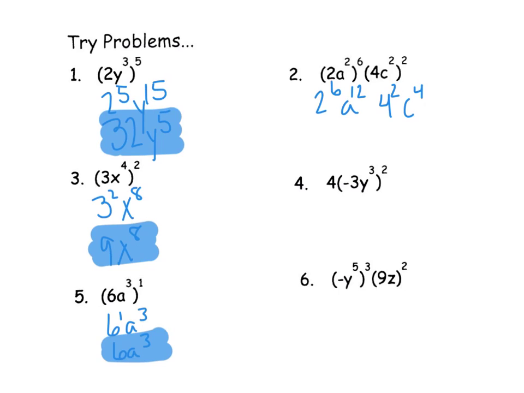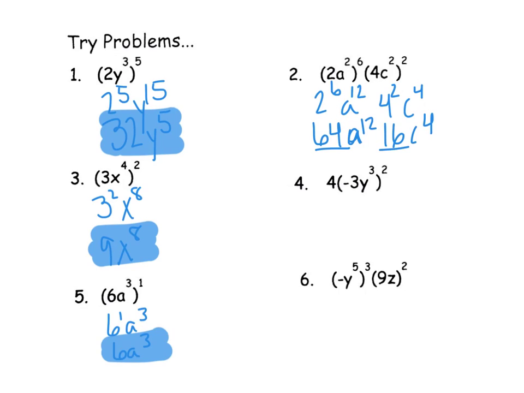2 to the 6th is 64. a to the 12th. We're going to simplify 4 squared, which is 16, and then c to the 4th. Now, I got this kind of mixed up here. I have coefficients in the middle. Since this is multiplication, because it's obviously not division, remember division you'd have fraction lines, I can multiply those.